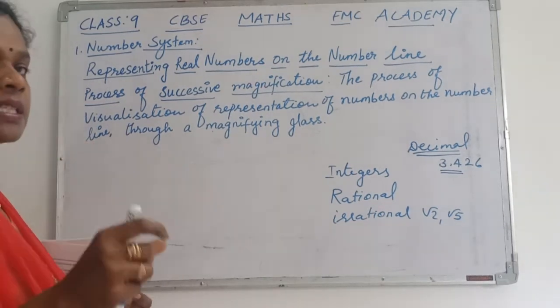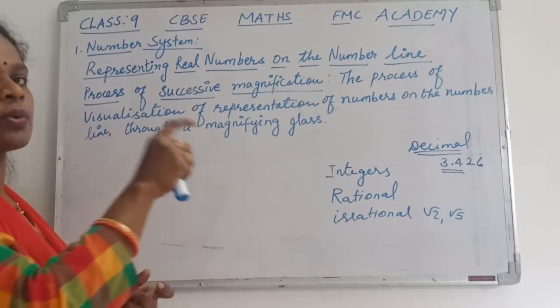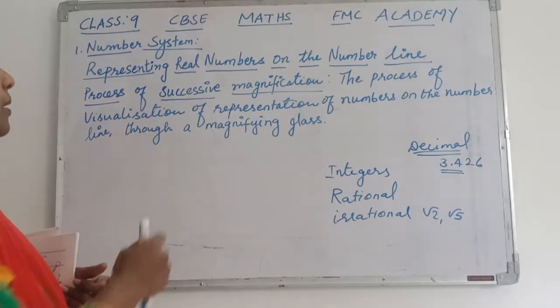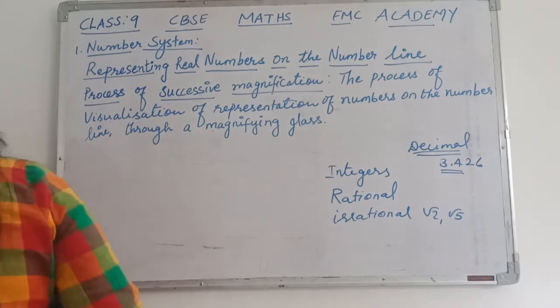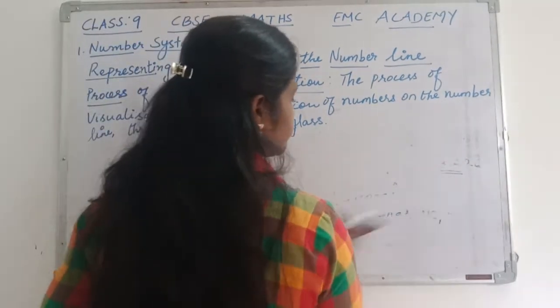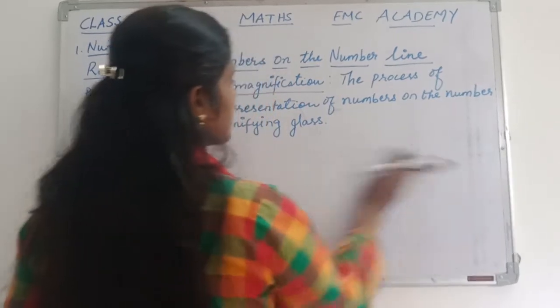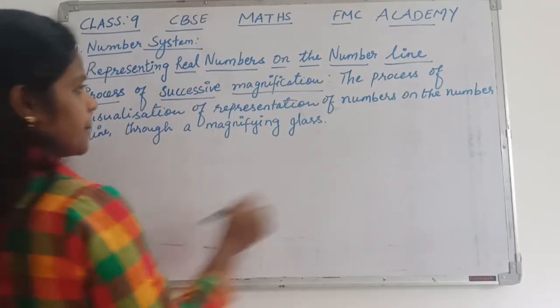So representing the numbers with the help of your magnifying glass is called successive magnification. So let's take one example and discuss how to draw it. I am taking your textbook example first, that is 2.665.